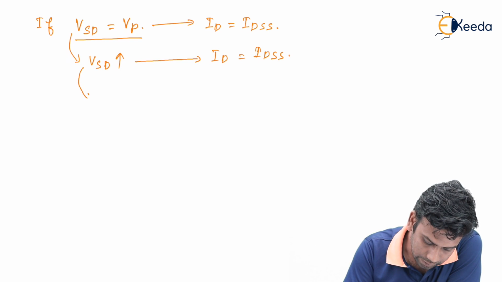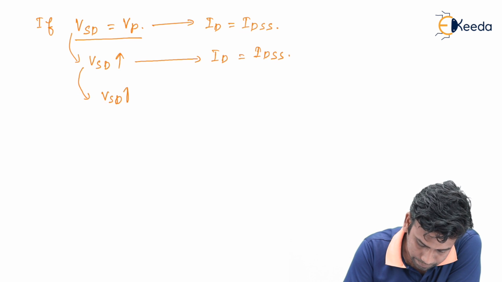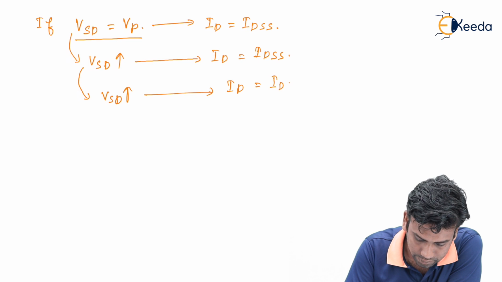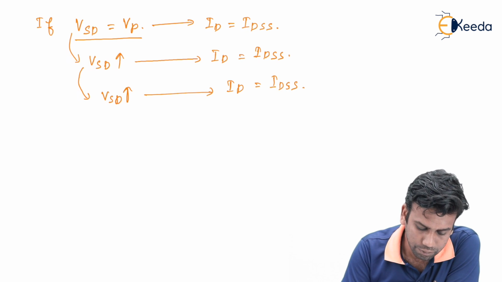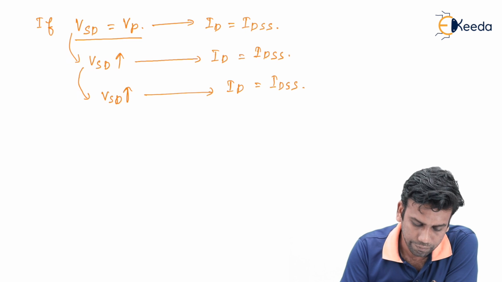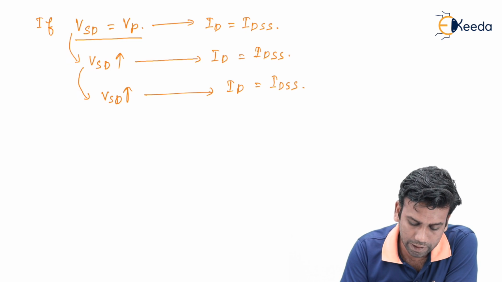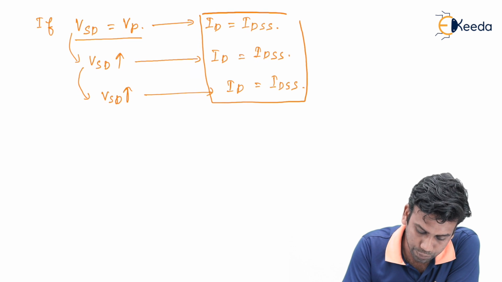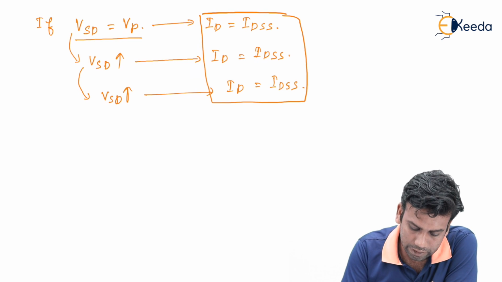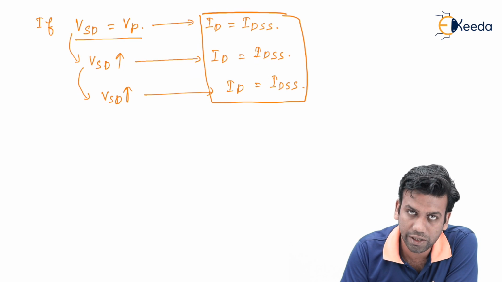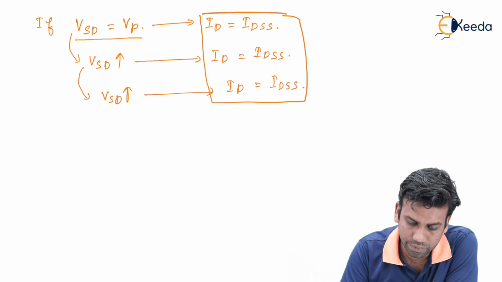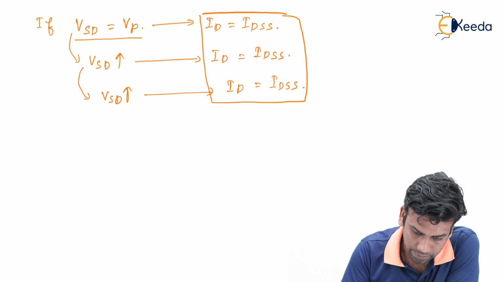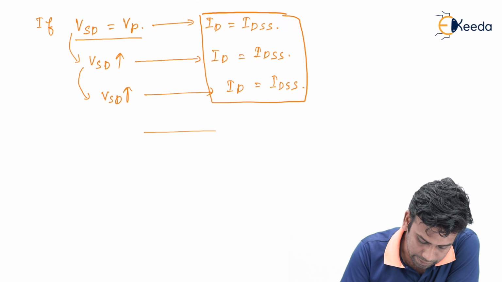If we increase the VSD further, then ID will be IDSS. That means we are giving a voltage variation in the circuit, but we are getting a constant current output from the circuit. In this way, we can use a JFET as a current source having a fixed current in the pinch off condition, and the circuitry will be like this.